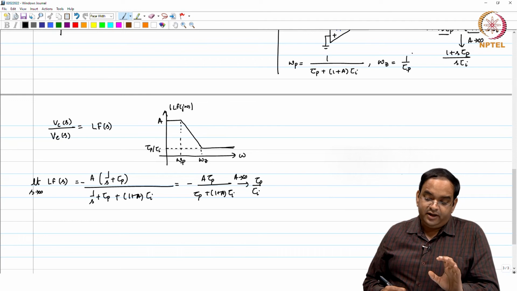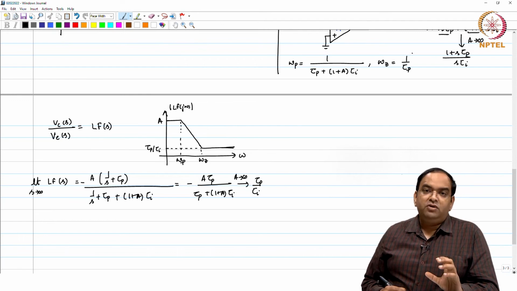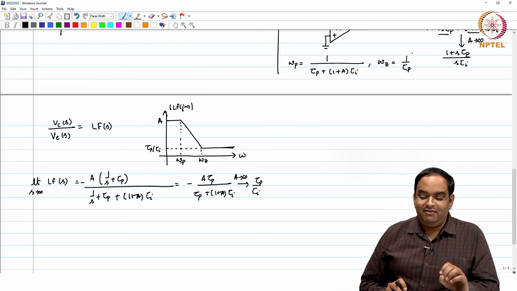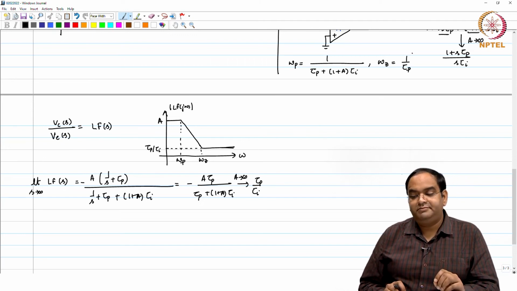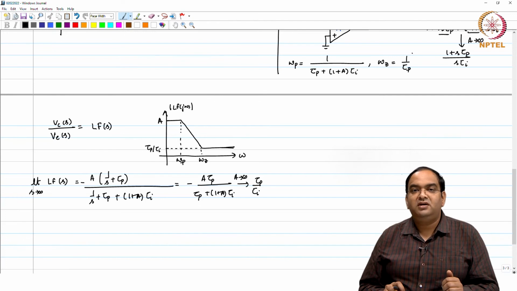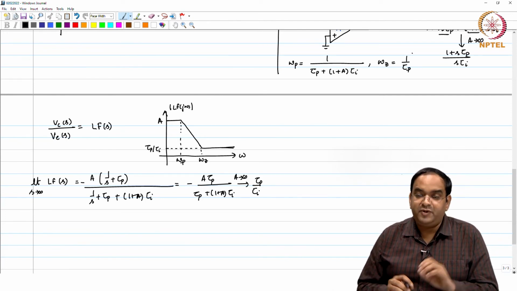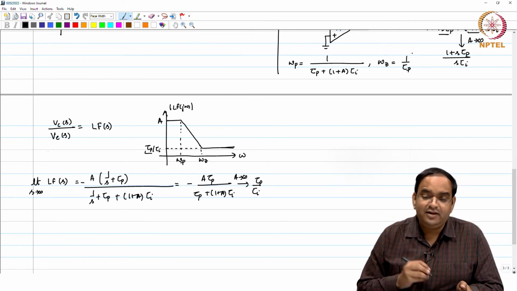So, what you see here is you do not have an ideal integration path. You have an integration path, but it happens to be non-ideal, and then you have a proportional path with a constant gain like this.